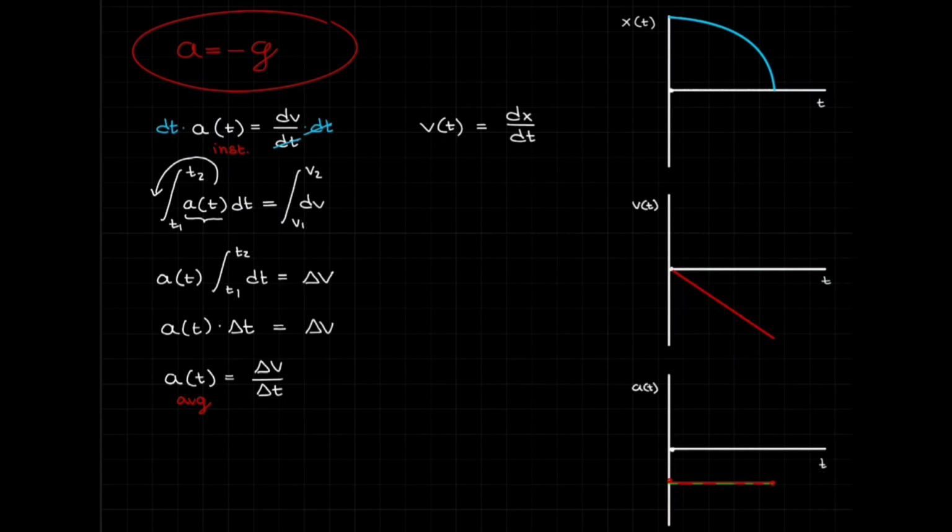And now we can rewrite this in a form that's more familiar: a equals Vf minus Vi over delta t. We can write delta t as tf minus ti. But if we let ti equal 0, as in we start at the origin of our graphs, then we can let it be tf, the final time, and just call that t.